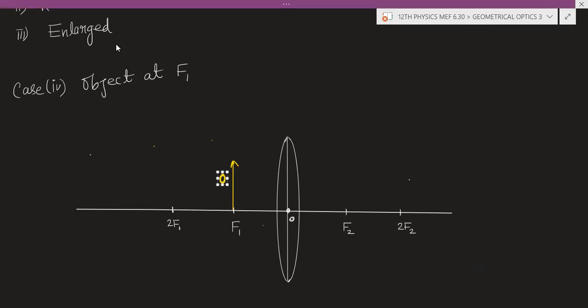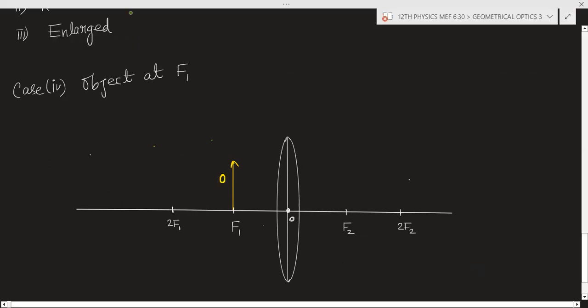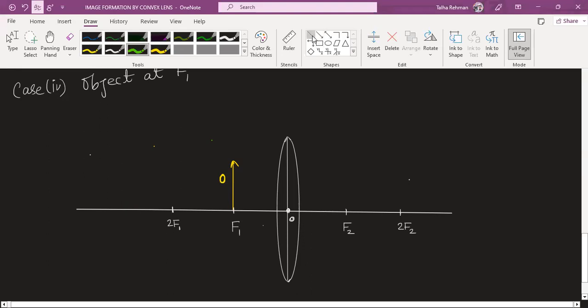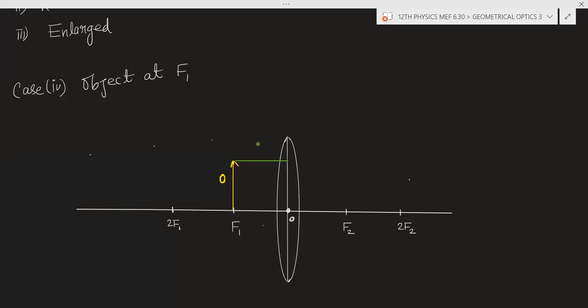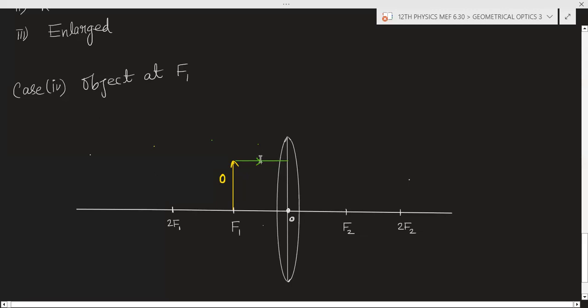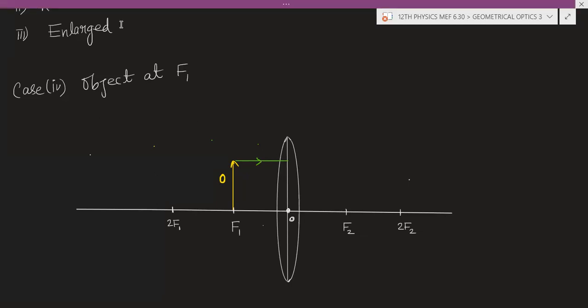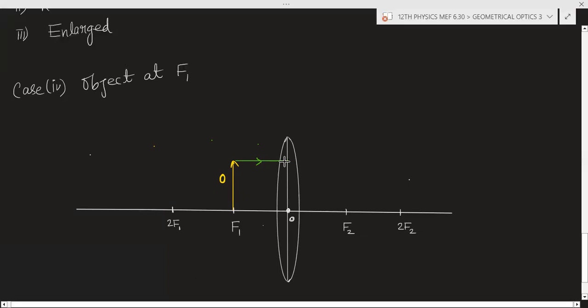So we will draw the ray diagram. First ray from the object is parallel to the principal axis, and if a ray of light is parallel to the principal axis of a convex lens, after passing through the convex lens it passes through F2, or focus.